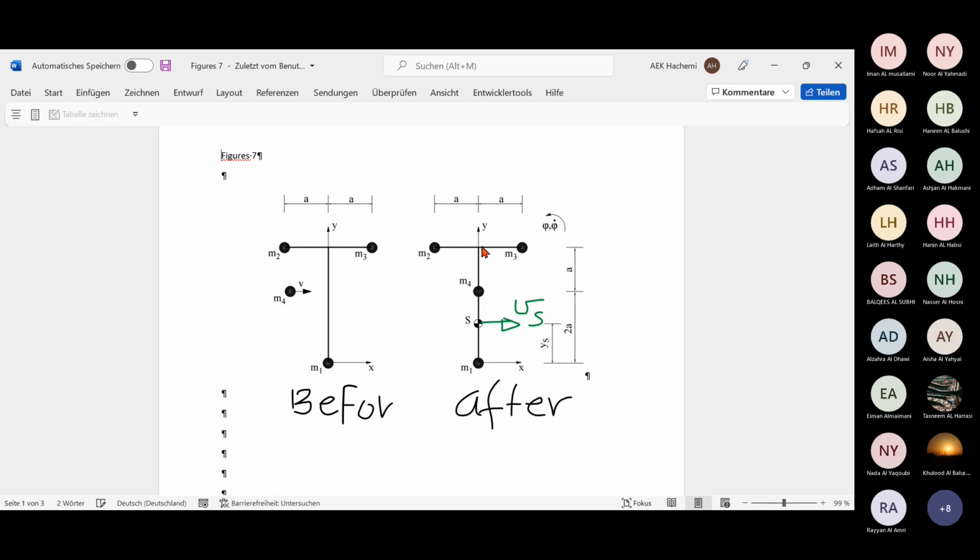Now if we take m3, in x direction it's a, in y direction 3a. M4 will be in x direction 0, and in y direction this distance 2a.